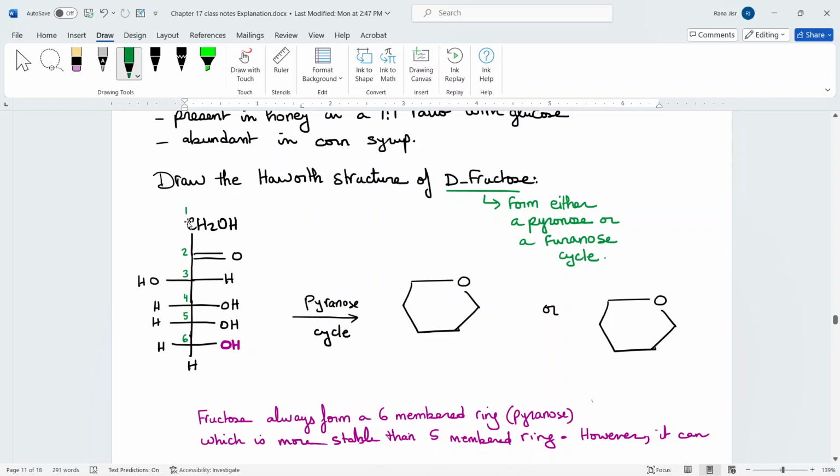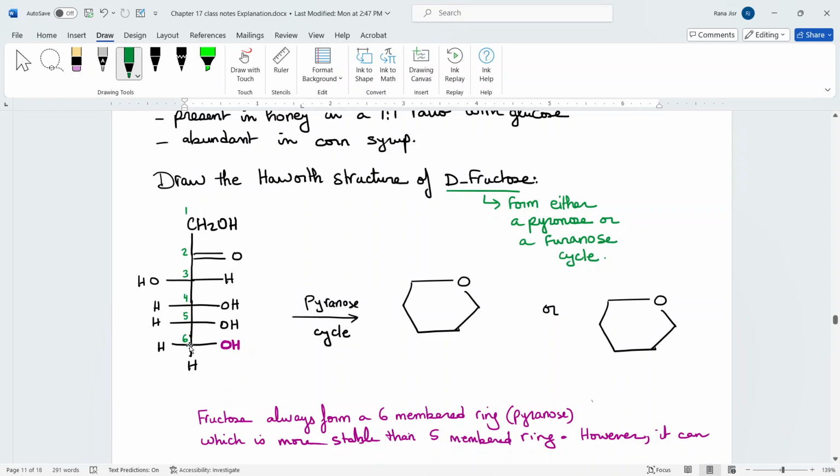Now notice, this is the Fischer projection for the fructose. And when you draw the Fischer projection for a ketone, this carbon over here is not a chiral center. It's simply a carbon with a double bond O. So here I do have 1, 2, 3 chiral centers only, because carbon number 6 is also not a chiral center.